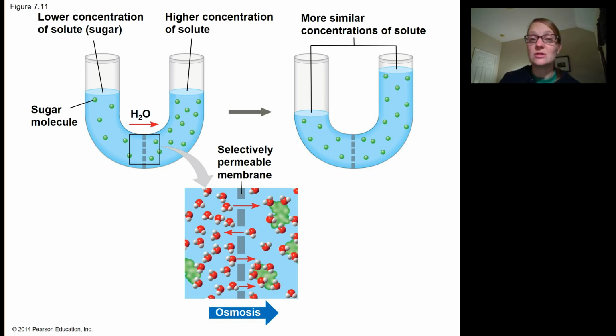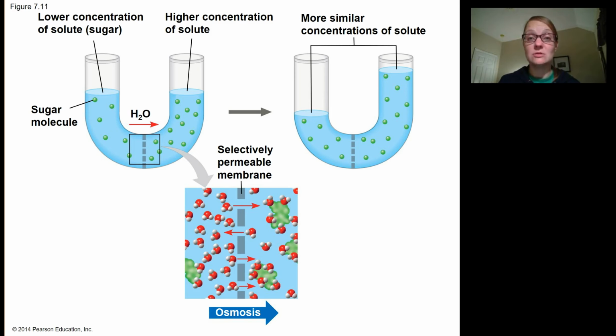And so you'll notice that initially the level of the water on both sides of the U-tube is level. The other thing that we add to this U-tube are solutes, so sugar molecules in this case. And we're going to add more sugar molecules to the right-hand side of the U-tube than the left-hand side of the U-tube. Now, while water can move across the membrane at the bottom of the U-tube, the sugar molecules cannot.